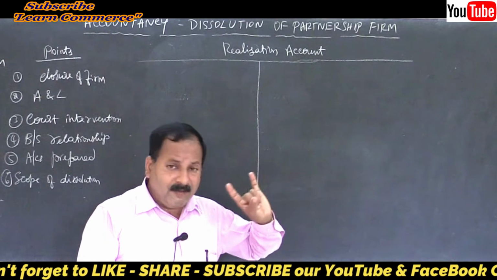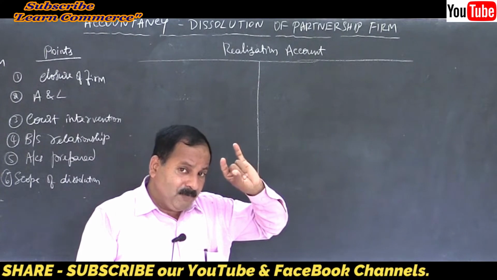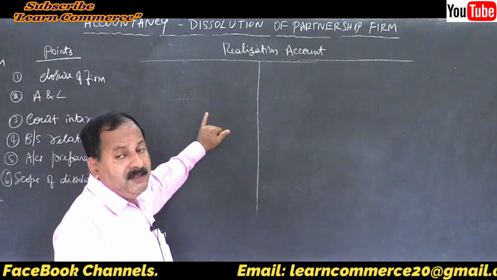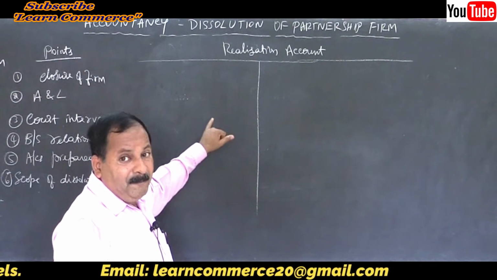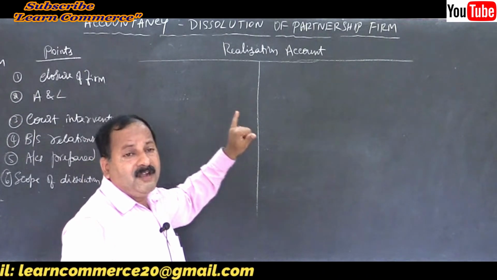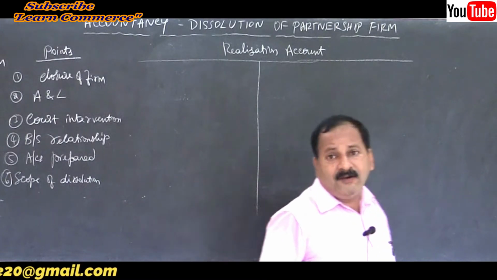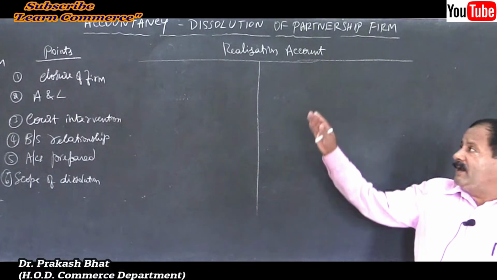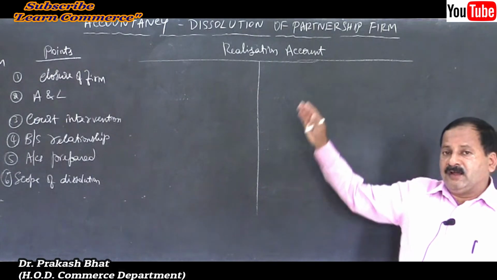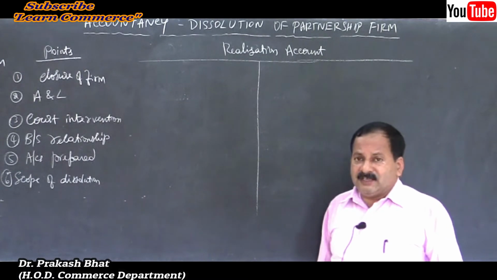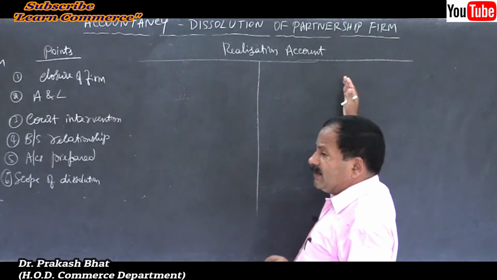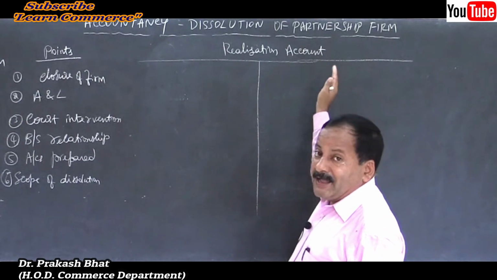Remember, whatever amount is there in inner column, that amount should be recorded here, and the PDD should be recorded on the credit side of realization account, that is by PDD account. Whatever is there in the balance sheet as PDD should be recorded on the credit side along with other liabilities.